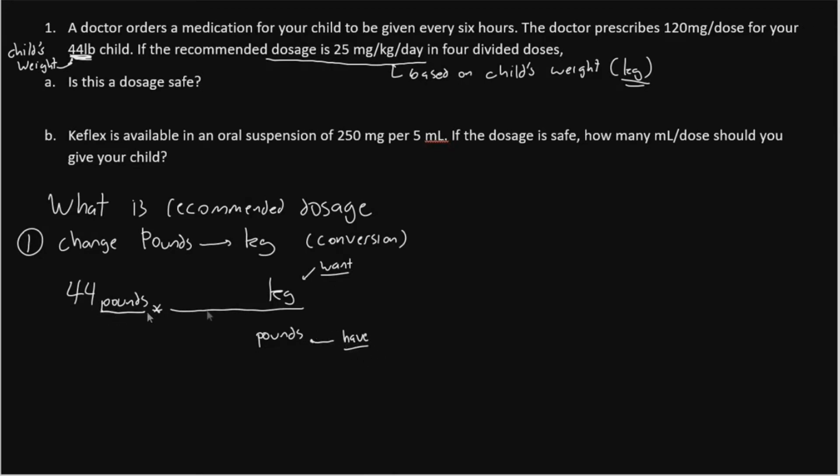So because we started with pounds, that means in this fraction, pounds must go on the bottom and kilograms must go on top. Now we have to look up a conversion factor for pounds to kilograms.